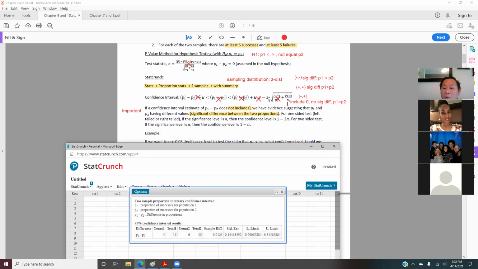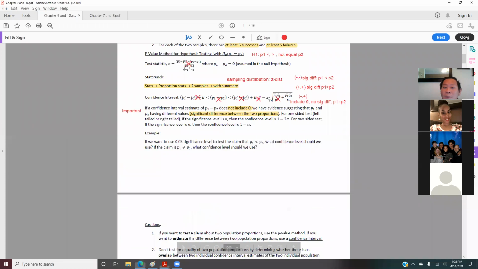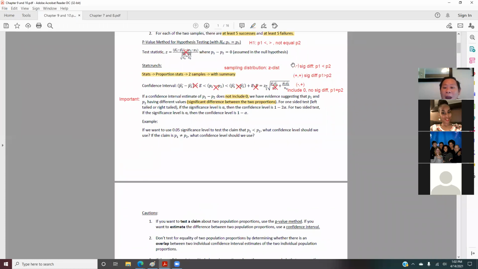So for this case, we were doing the last conclusion. But if both of these are negative, it will be the first one, meaning P1 is less than P2. Then if both of these are positive, P1 is greater than P2. So this is something that I just point out here. These are very important.